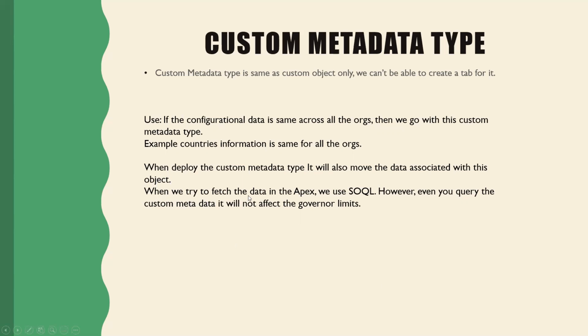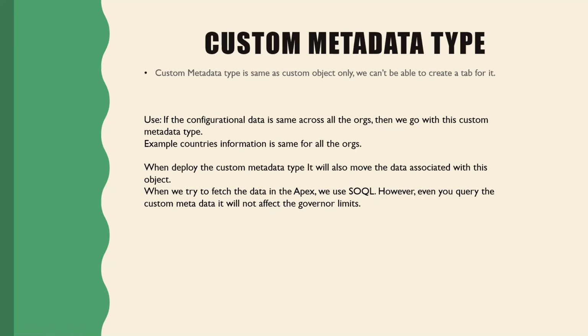When we fetch the data in Apex, custom settings have their own methods, but for custom metadata type we have to use a SOQL query. However, even if you query the custom metadata, it will not affect the governor limits.